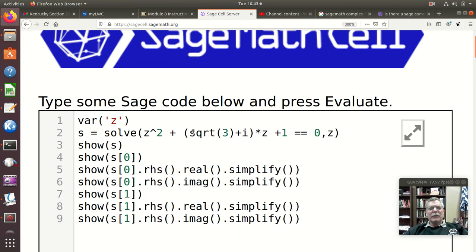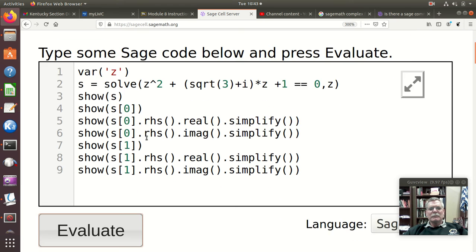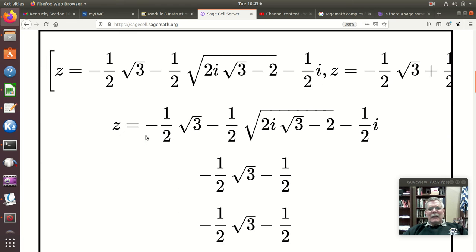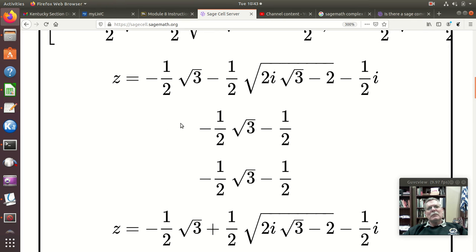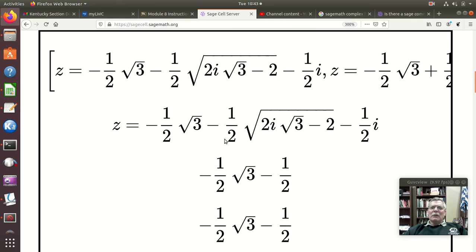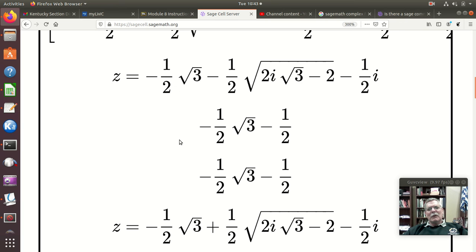Solve that for z. Okay. And so we are getting, I think we're getting a different answer.